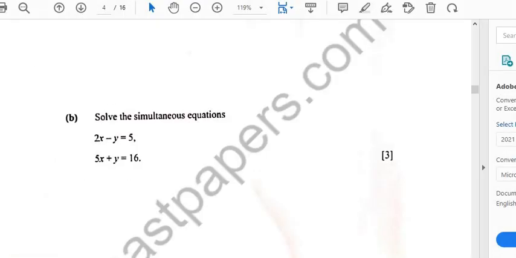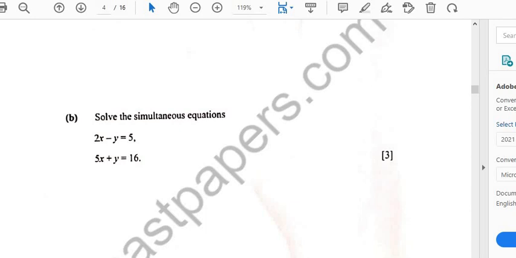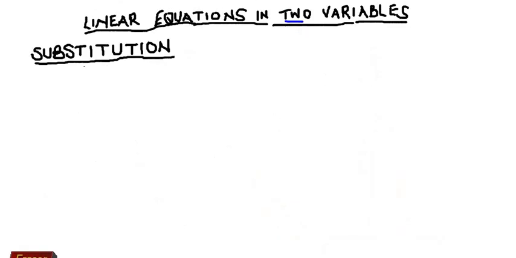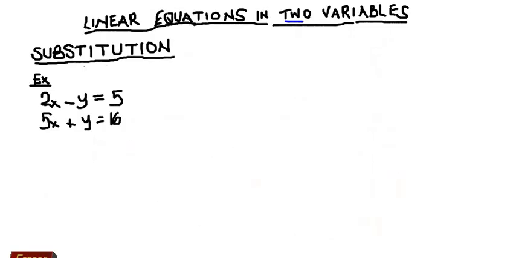So there is an example here which says solve the simultaneous equations 2x minus y equals 5 and 5x plus y equals 16. Okay, so once again, our example is 2x minus y equals 5, then 5x plus y equals 16.